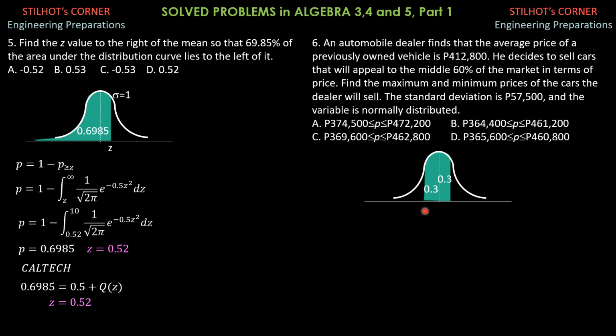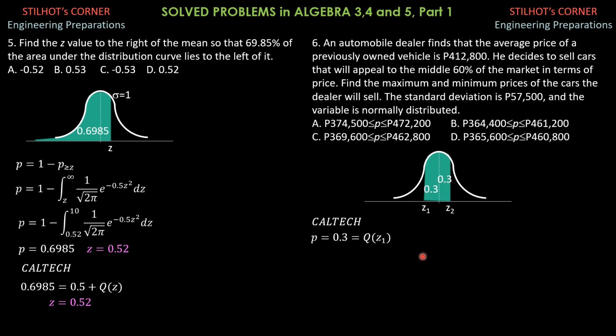That means that z-score 1 is numerically equal to z-score 2. The only difference is z-score 1 is negative. So using the calculator technique, we'll find the value of z using this Q of z from your calculator, such that Q of z is 0.3.